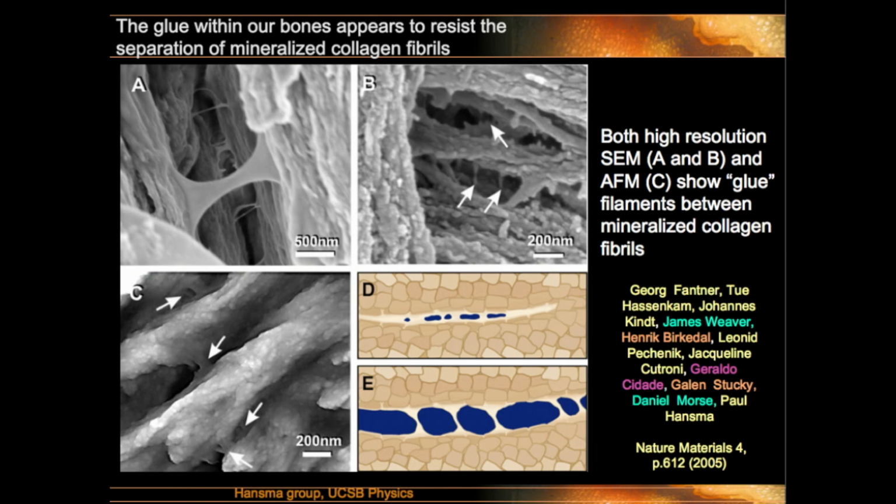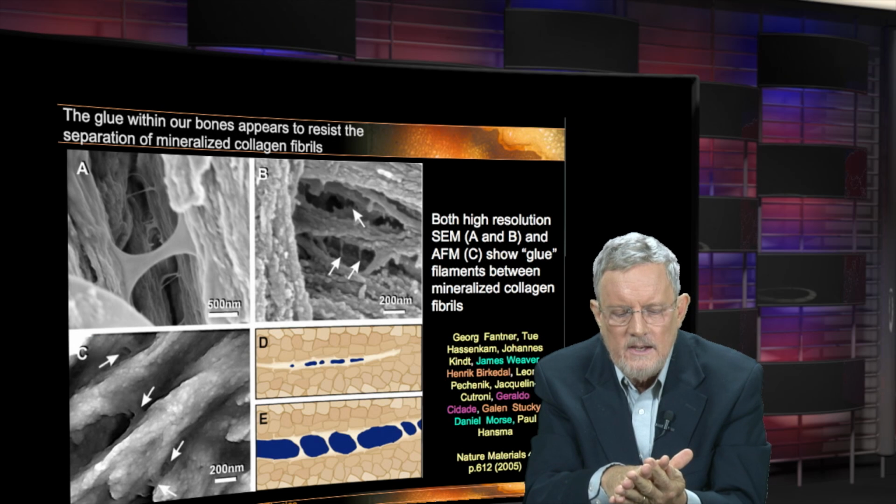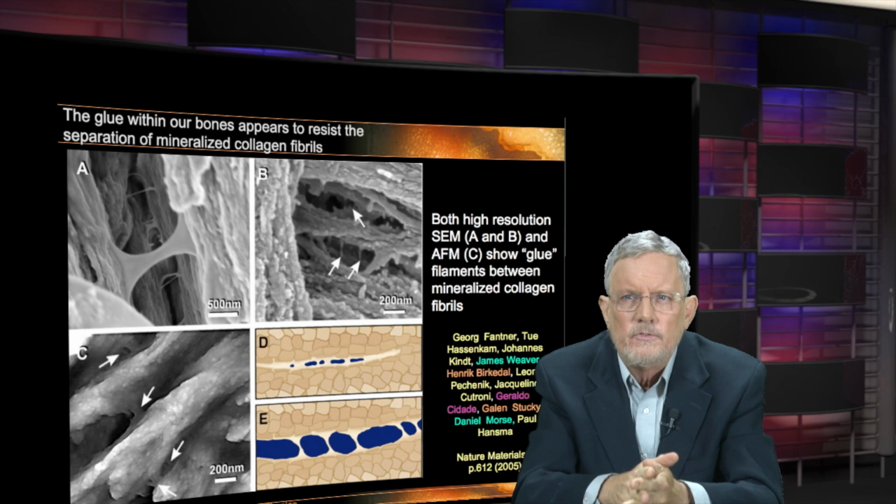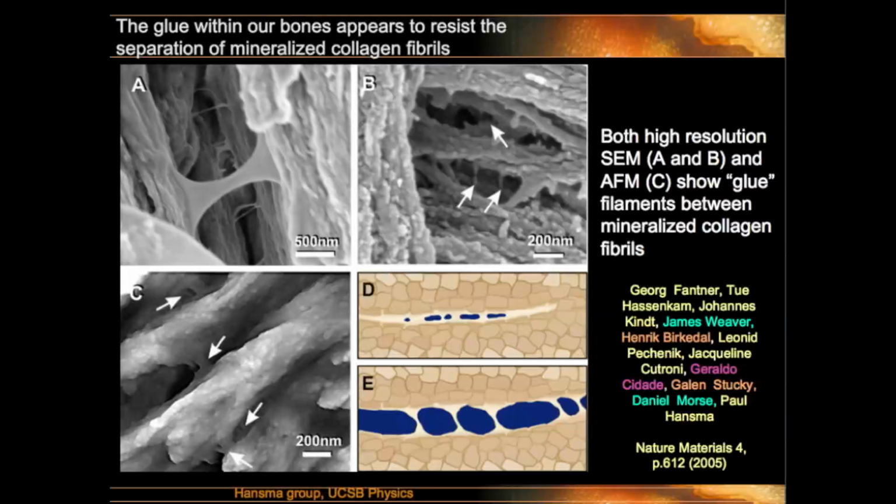The mineralized collagen fibrils are held together by that glue, and as they get separated, in these very high magnification images that appeared for the first time in that magazine article, it was possible for the first time to see the remnants of that glue in the form of these filaments going between the mineralized collagen fibrils.